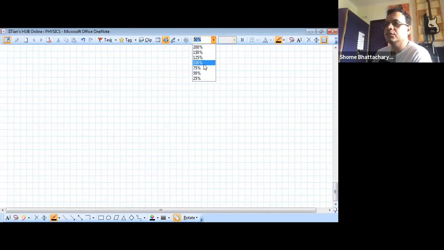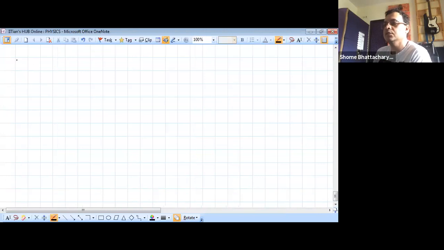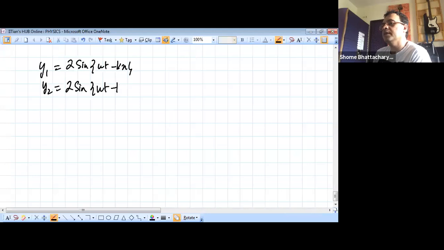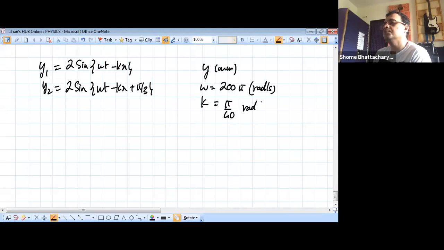So you can do this question, as you can see, more or less formula based only. You have y1 equal to 2 sine omega t minus kx and y2 equal to 2 sine omega t minus kx plus pi by 3, where omega is 200 pi radians per second, y is in millimeters, and k is pi by 40 radians per centimeter.